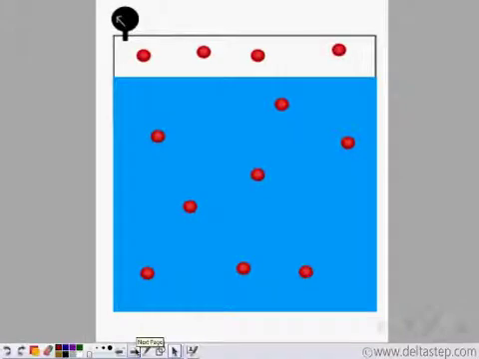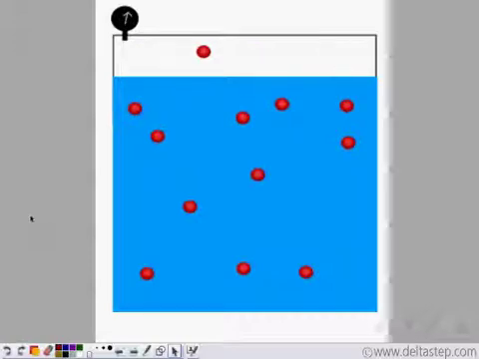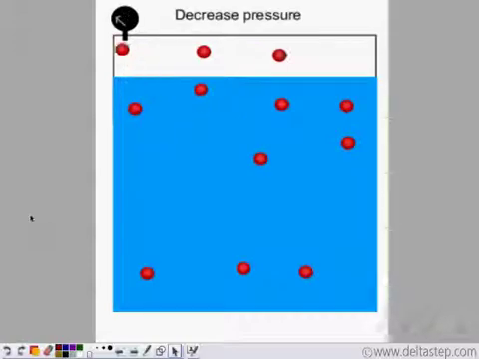Similarly, if we now increase the external pressure, as you'll see from this pressure gauge, in order to balance the external with the internal pressure, most of the gas particles enter the solution. So see what happens. As we increase the pressure, the gas particles are dissolved in the solution.